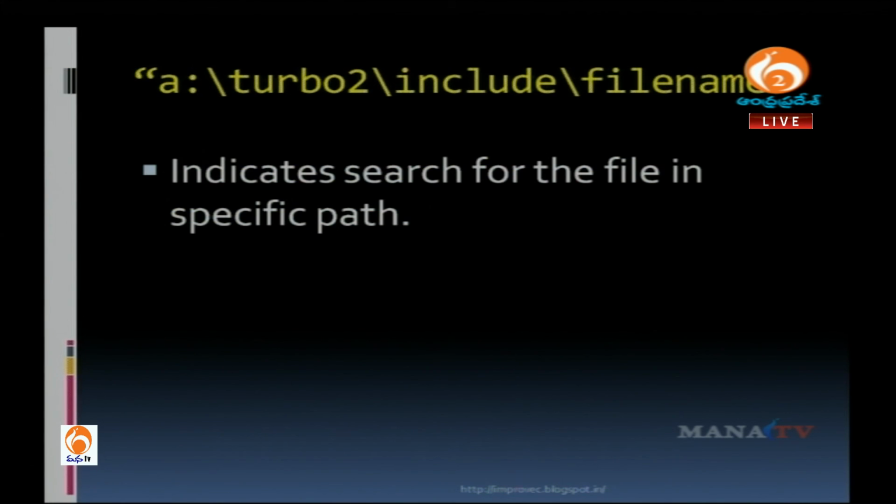For example, C language is available in the C directory and our file is in the D drive, then we can give that path here. For the specific path, that file will be searched, so that CPU time will be reduced.